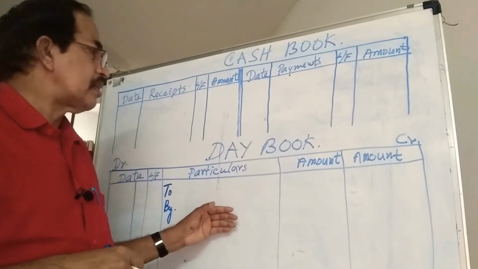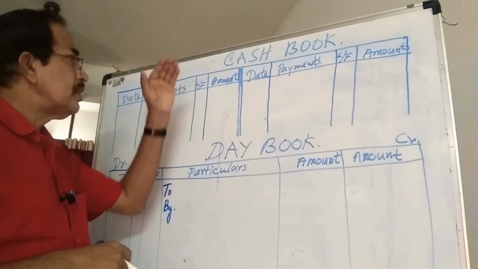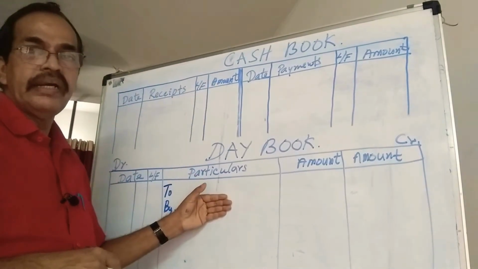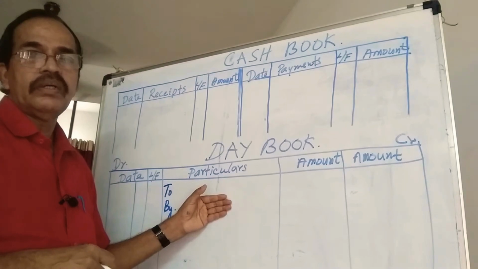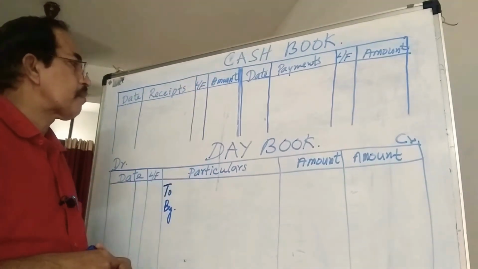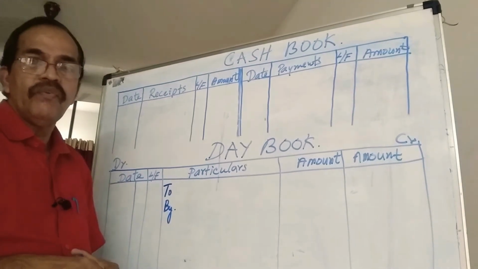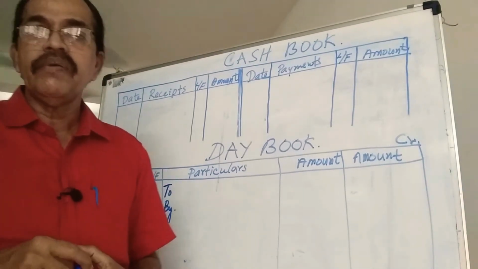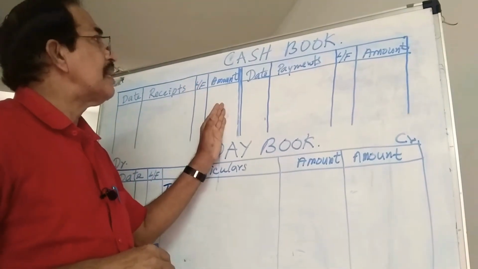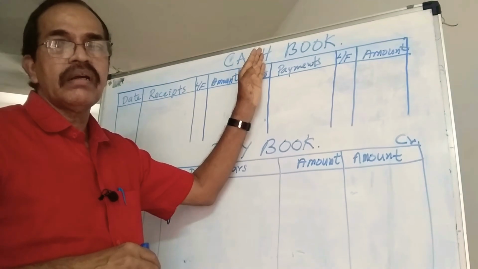We can see that all the columns that we found in the cash book are here in the day book also. Now what is the difference between the cash book and the day book? In the day book we can include even credit transactions, whereas only cash transactions are recorded in the cash book.